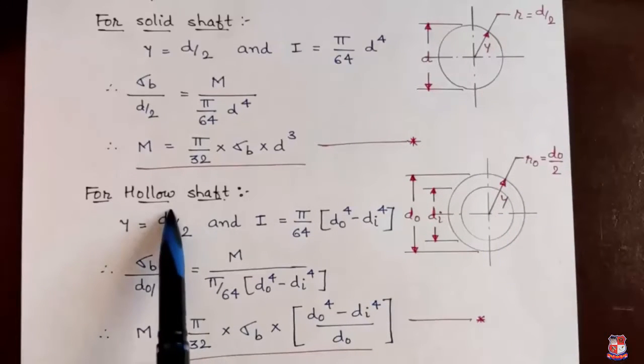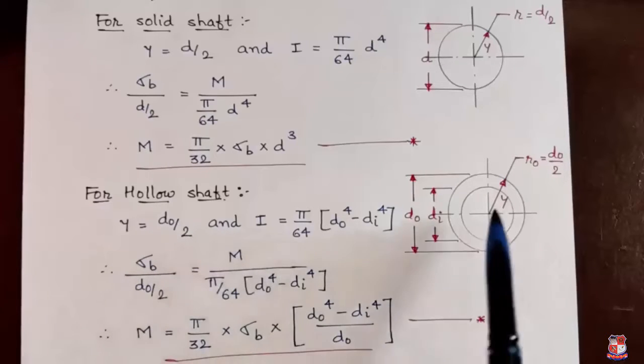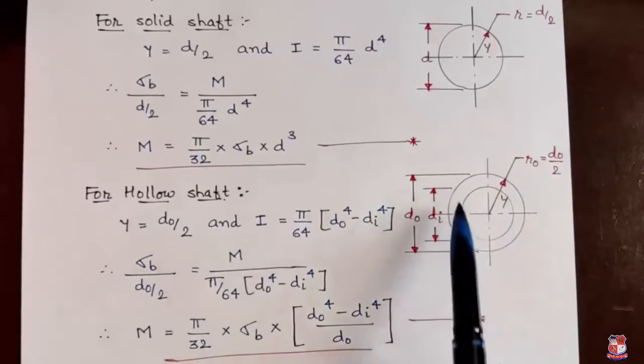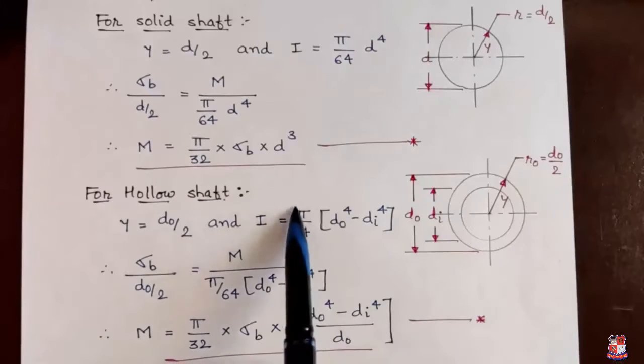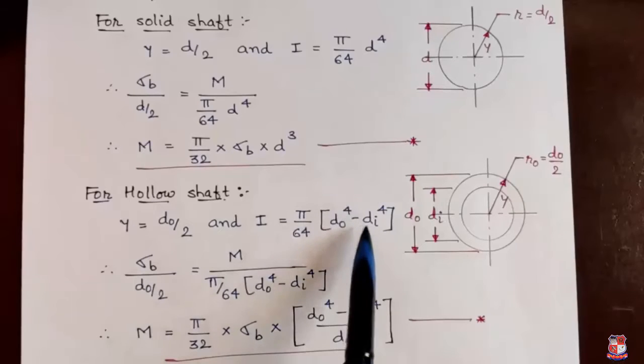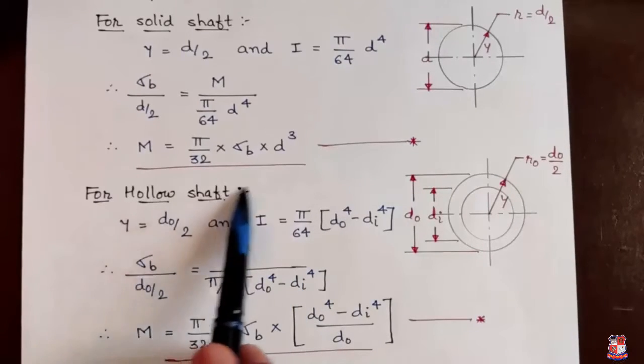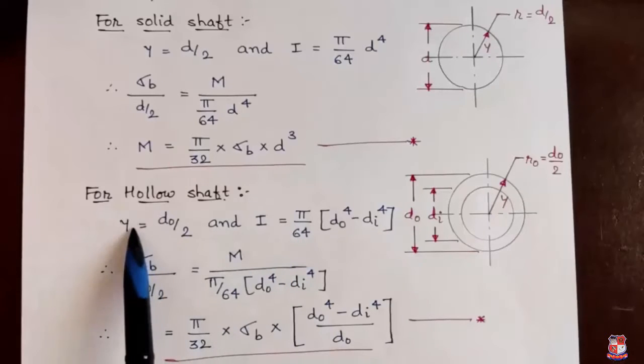So y is equal to Do by 2 and I, the moment of inertia for this hollow circular section, is pi by 64 into outer diameter raised to 4 minus inner diameter raised to 4.